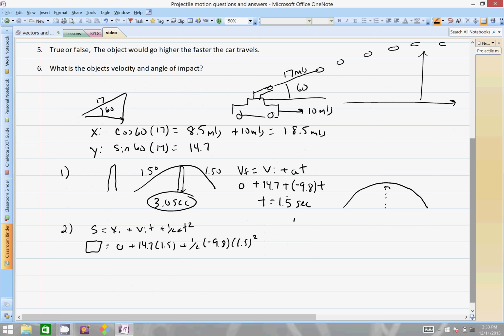And let's do the math here. 14.7 times 1.5 equals 22.05 minus 11.0, and we'll do that subtraction.